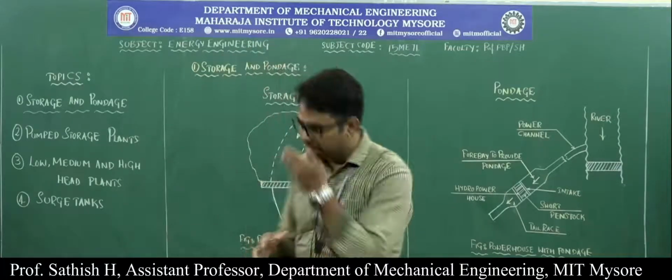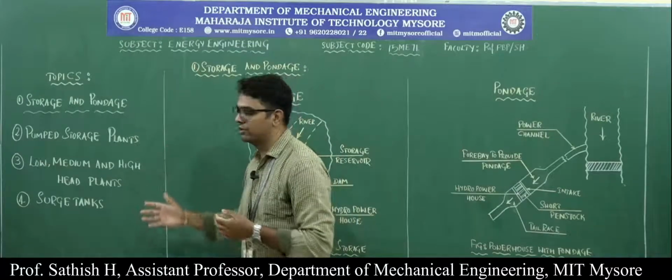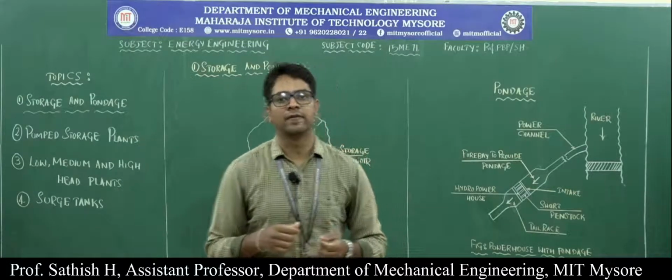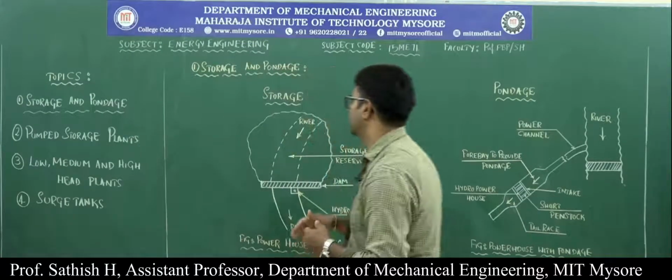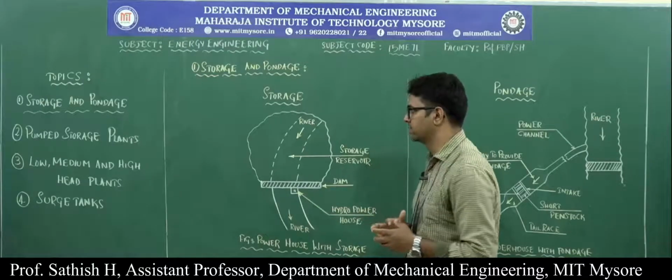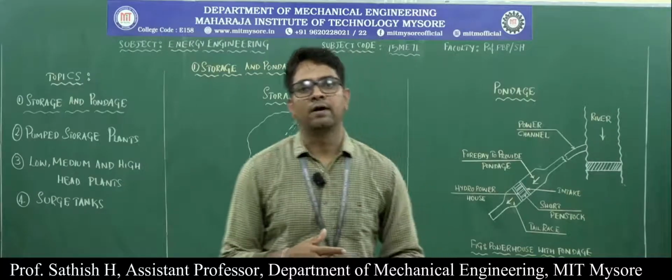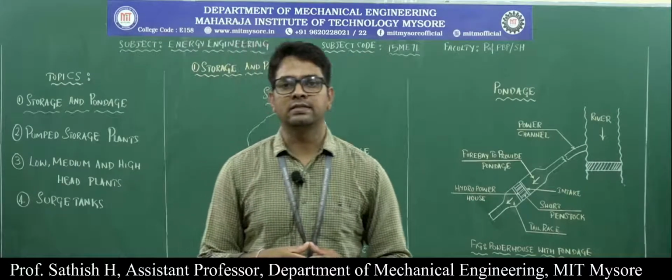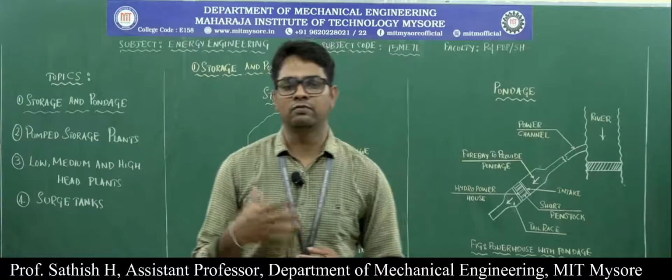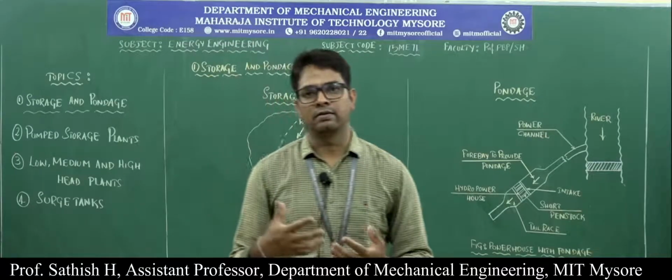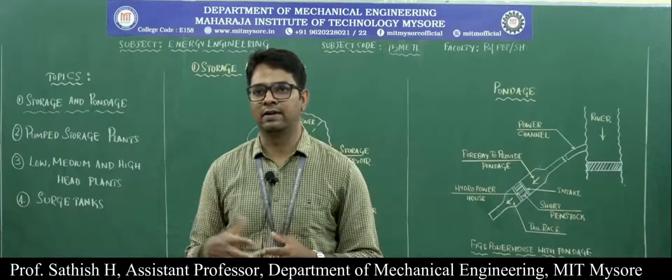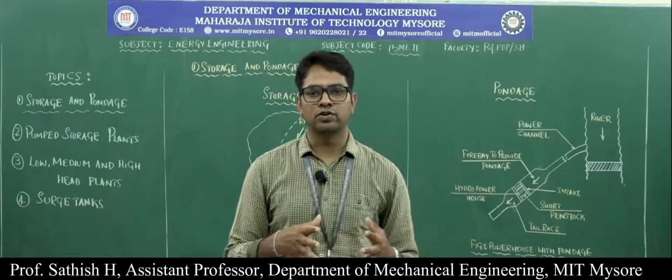These are the various topics we are going to discuss in this session. The first topic is storage and pondage. As I said before, during the rainy seasons the availability of water is more, and most rivers are in flood. What happens if you don't store that water?